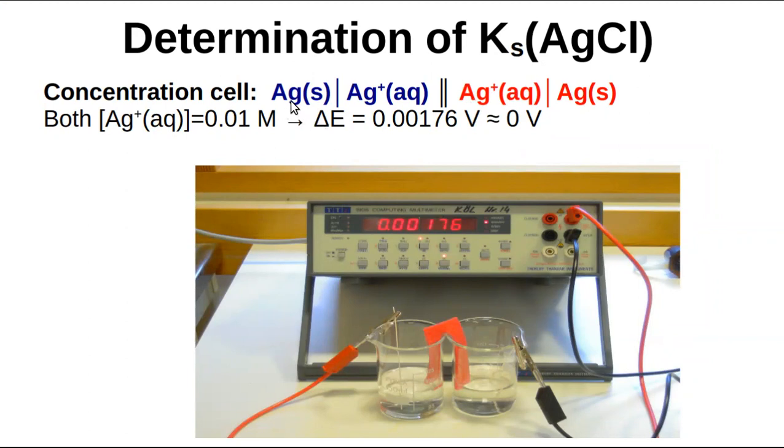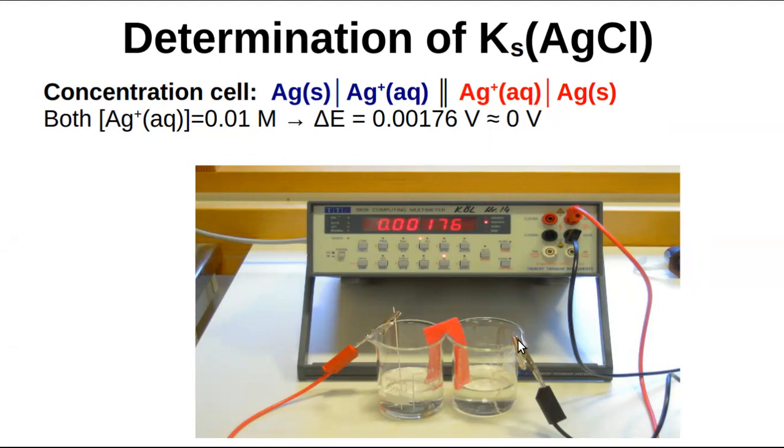If we start with a cell that is only dependent on the concentration of the silver ions, say that we have silver solidus and silver ions, and silver ions and silver solidus, and the same solution in both compartments. So in principle, we should measure no voltage difference, but in practice we measured 0.00176 volts, which is nearly zero, I would say.